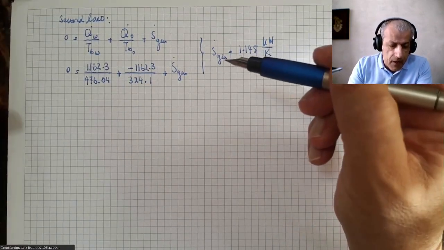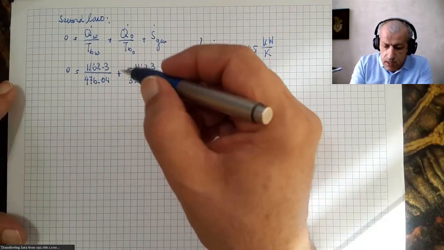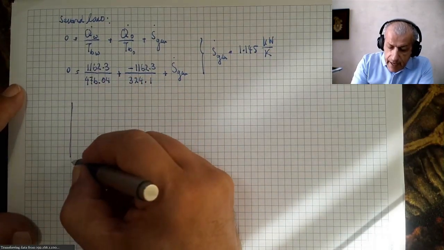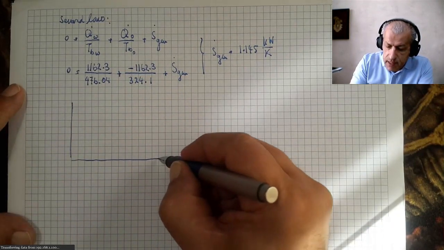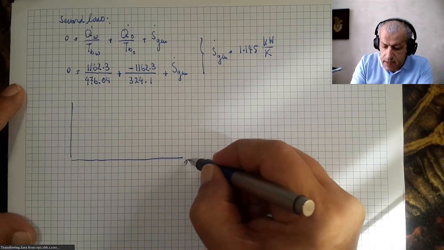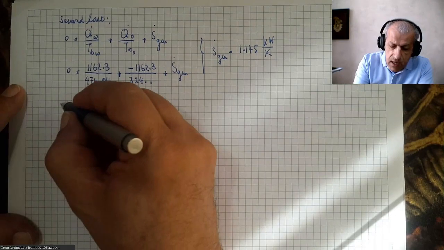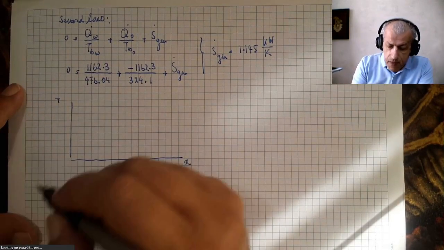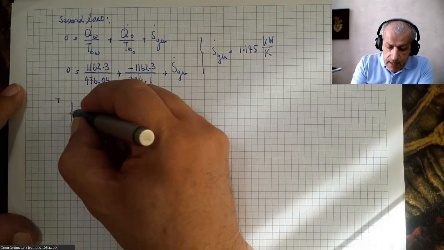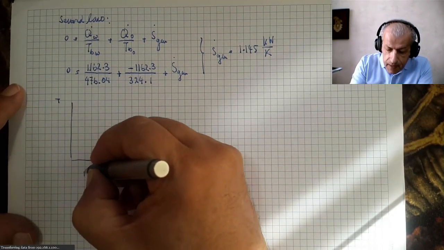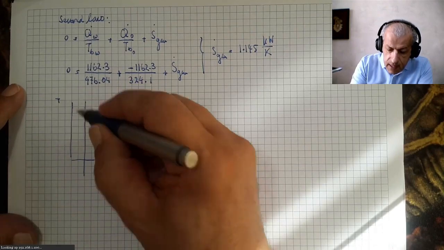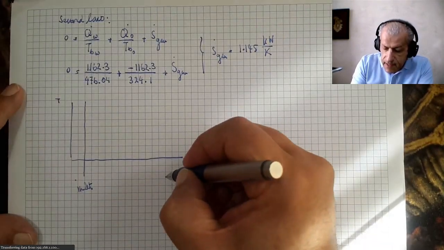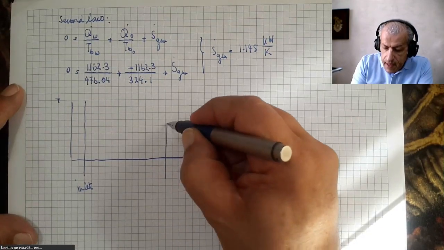Now, for the parallel flow heat exchanger, assume that this is x, which is the length of the heat exchanger, and this is T, which is the temperature, then here is the inlet, and this is the exit.